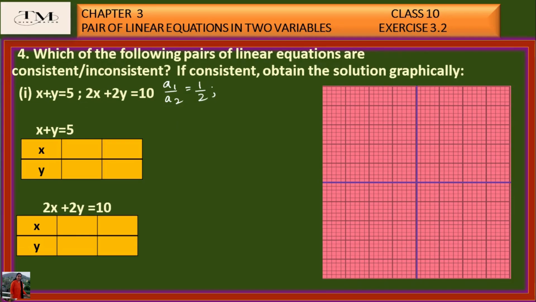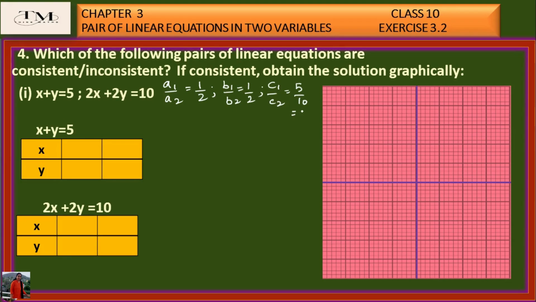Next, b1 is 1 and b2 is 2, so b1 by b2 is equal to 1 by 2. Next, C1 is 5, C2 is 10, so C1 by C2 is equal to 5 divided by 10.